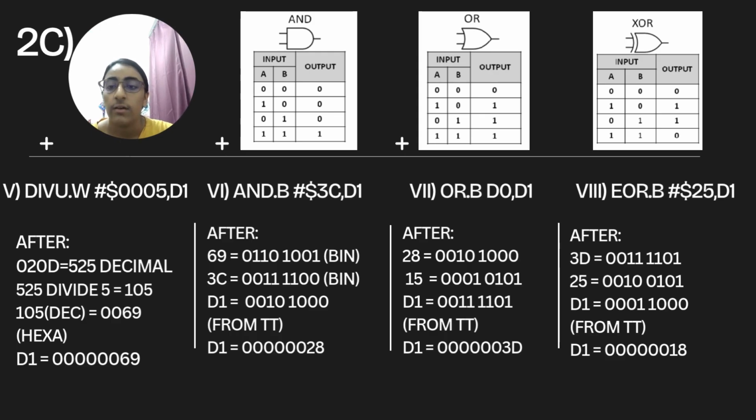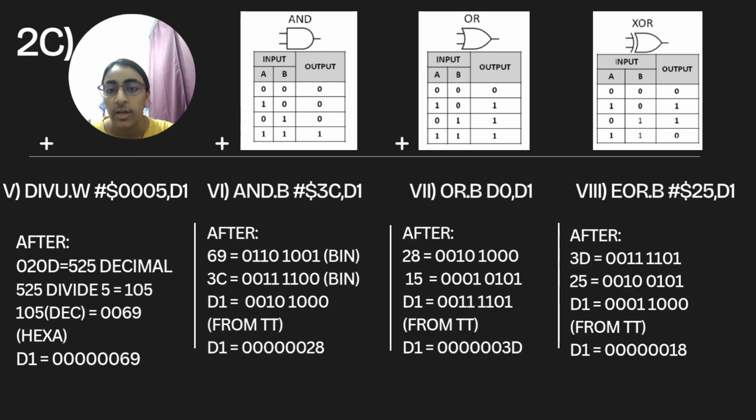Once you've done that, 525 divided by 5, you should get 105 decimal. Then you change that into hexa, which should be 0069. So your final answer should be 00000069.